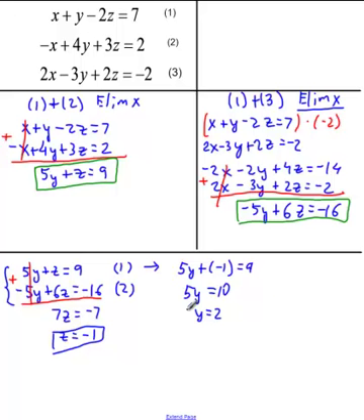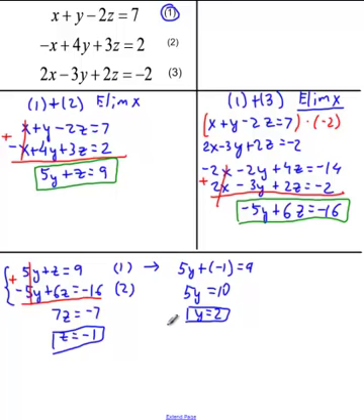So now we have a value for one variable, for another one, and we need the third one. To do it, we're going to use either equation 1 or 2 or 3, plug in z and y, and see what x is. I'm going to use the first equation, but it can be any one of them.